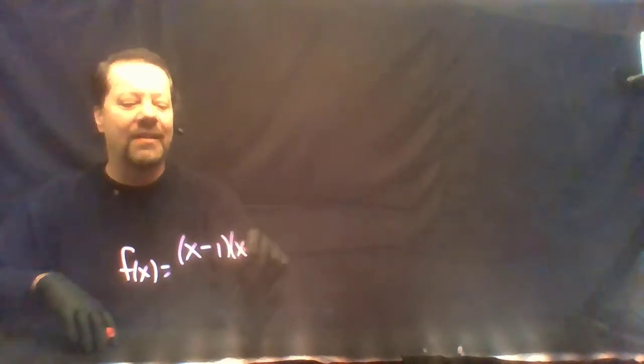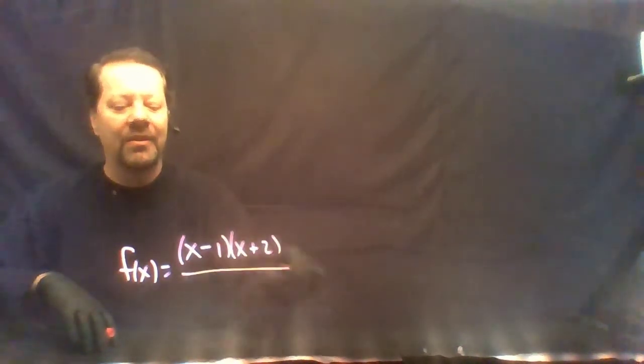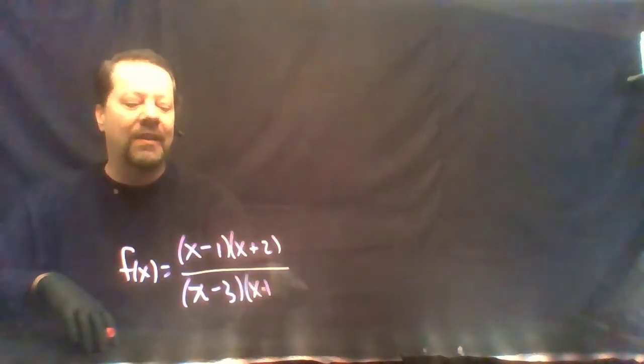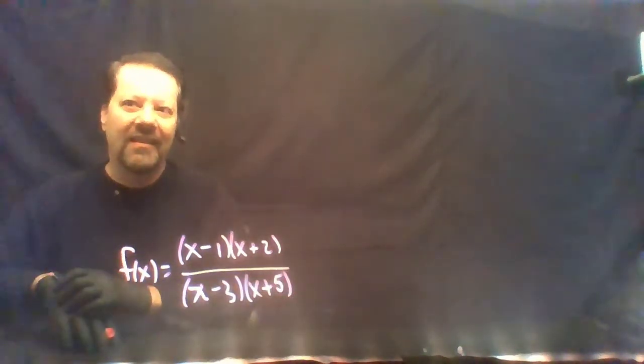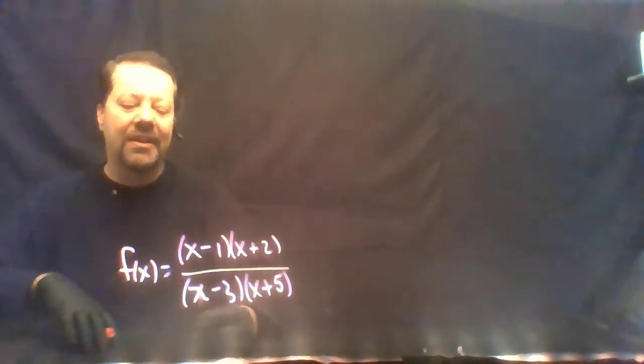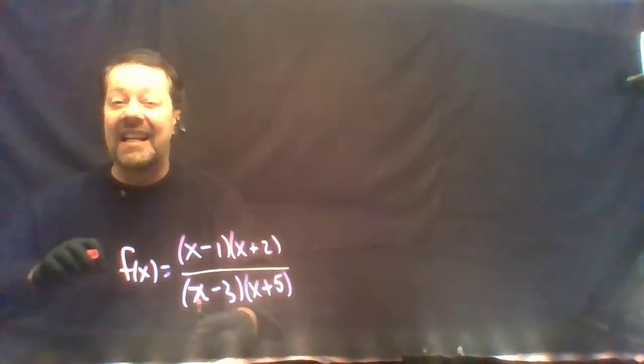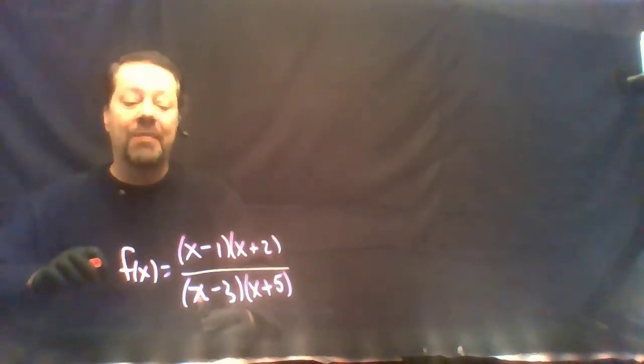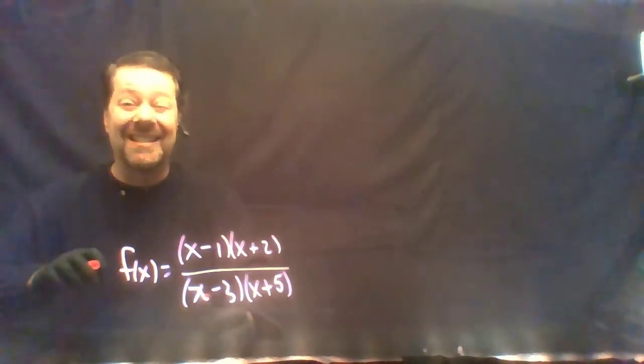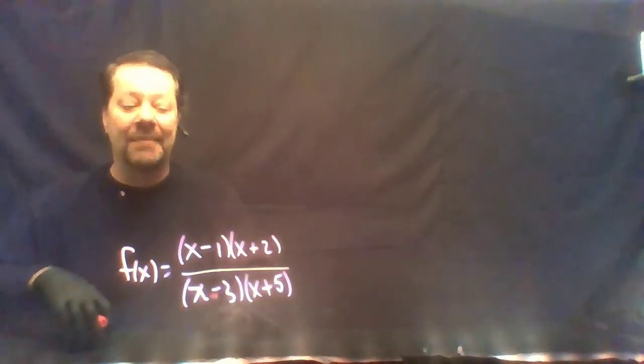Consider (x minus 1)(x plus 2) over (x minus 3)(x plus 5). In this case, if I plug in numbers that are close to 3 but not quite 3, say 3 plus a little tiny bit, 3 plus tiny minus 3 is tiny. That puts a tiny number in the denominator.